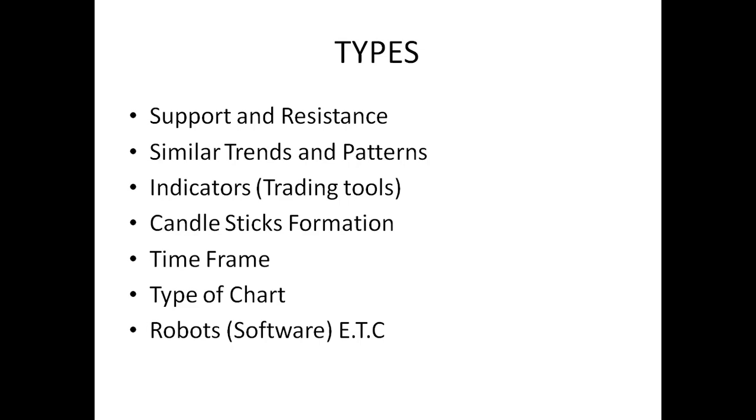So there are people who believe in the usage of trends and patterns to determine where price will be going next. There are also others who use indicators to determine where price will be going next.